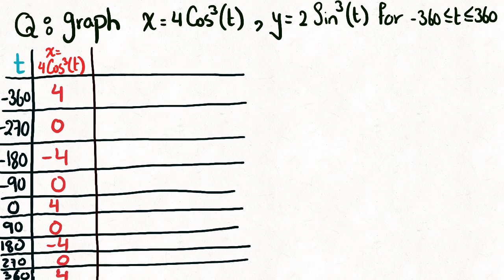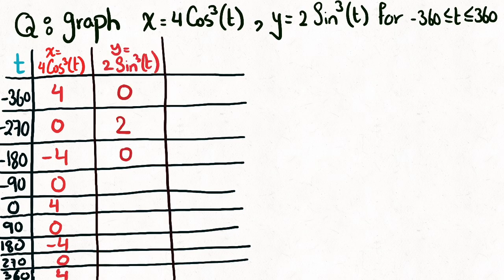Then we will build up the ordered pairs, which is x comma y. After that, you will graph the xy coordinate plane, you will plot the points and connect them.